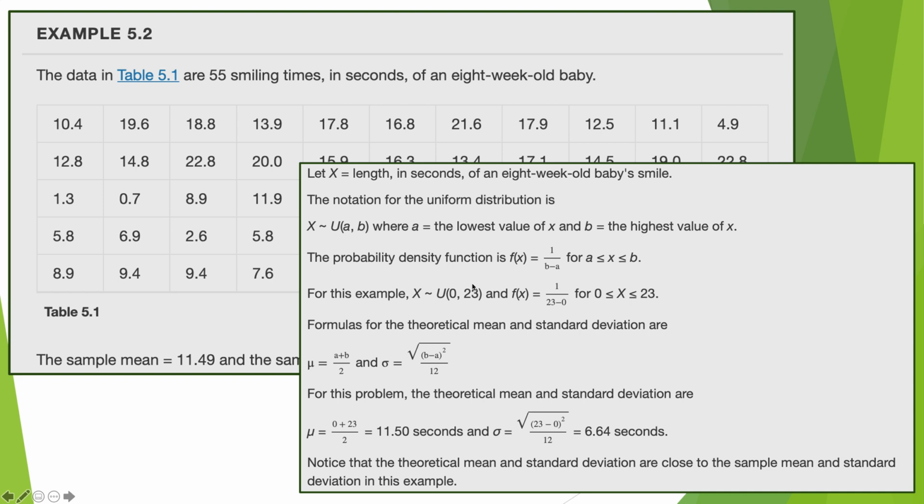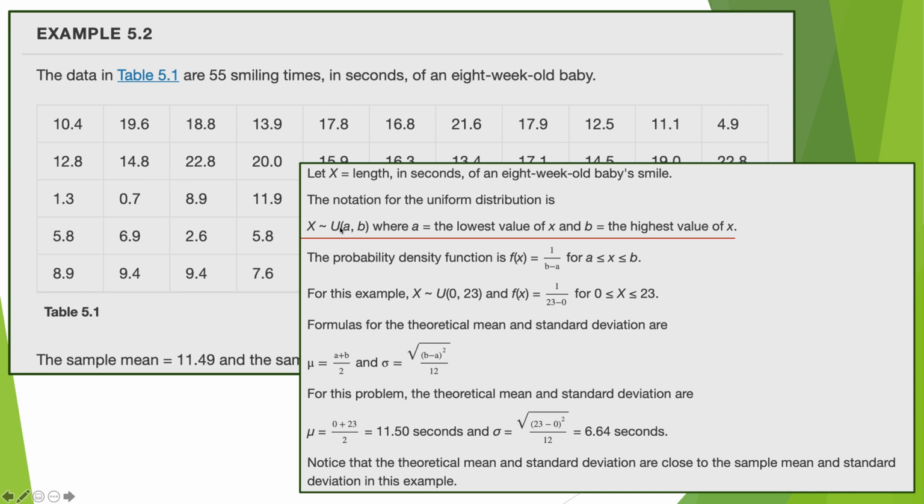So the probability is going to be 1 over that highest score minus lowest score. And then, of course, in this example, we're going from 0 to 23, all right? So that's how we do our calculations, all right?